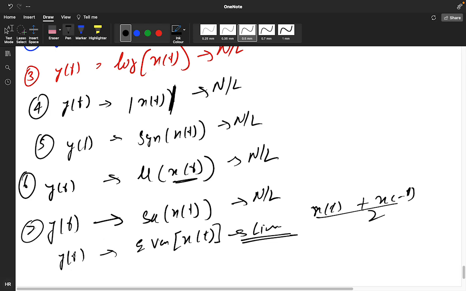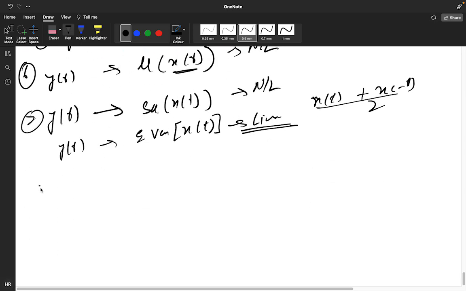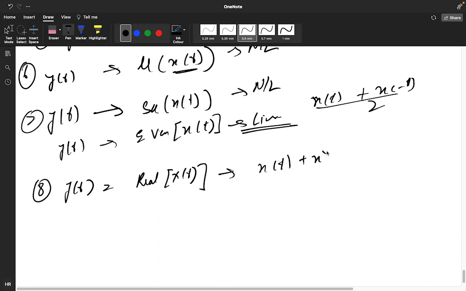Yeah, the last one is, remember this one, y of t equals the real part of x of t, so this was non-linear. You will get x of t plus x conjugate of t divided by 2.